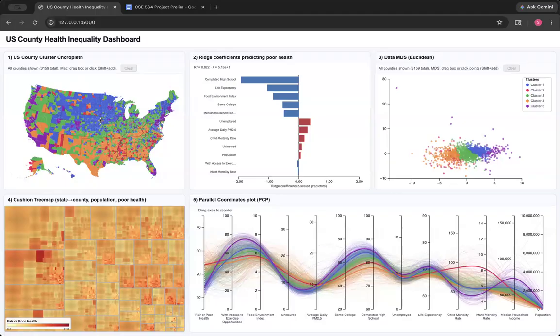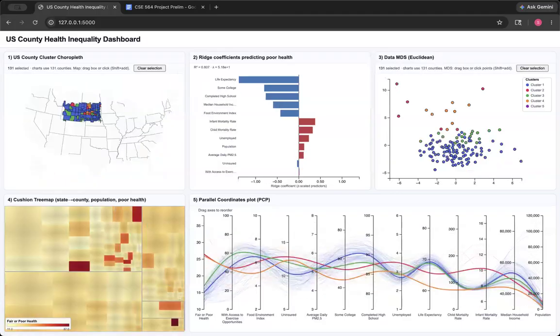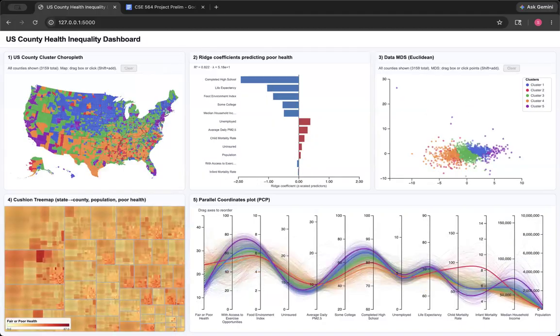You can drag and select a certain set of counties, and all of the other plots will be recalculated on the data points which are selected. So even the ridge regression model will be retrained on the data points selected from this map. And by doing clear selection, you can go back to the original one.